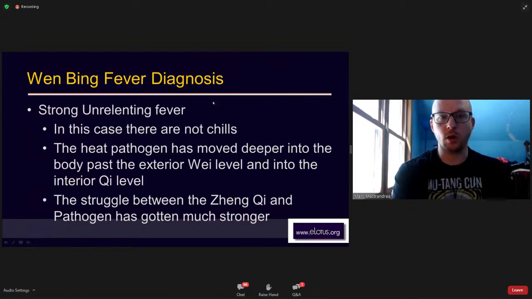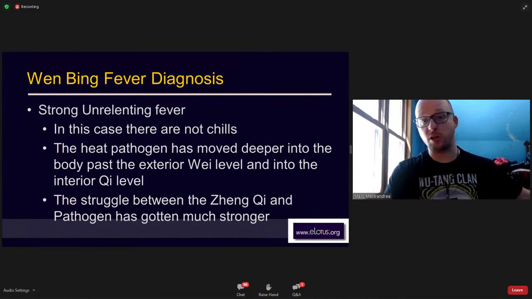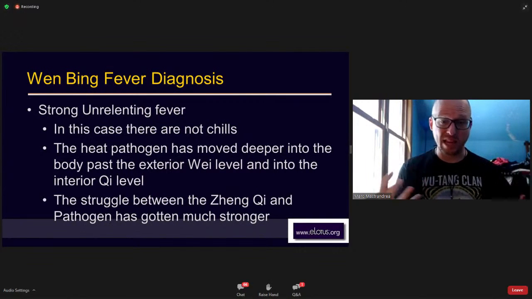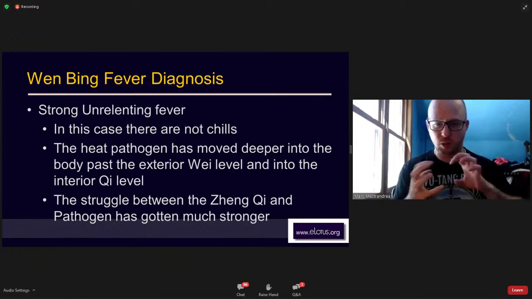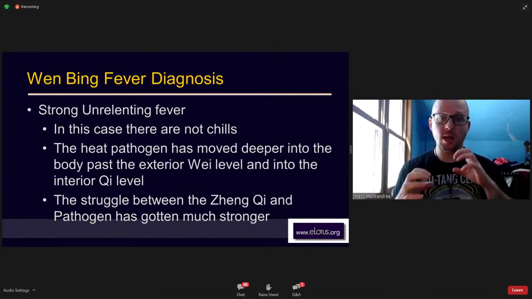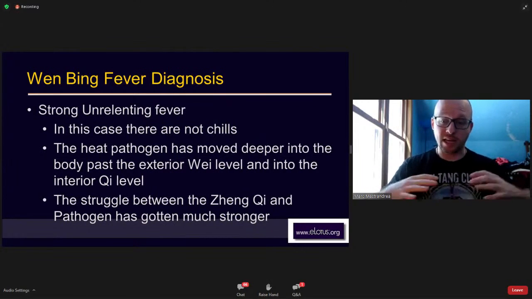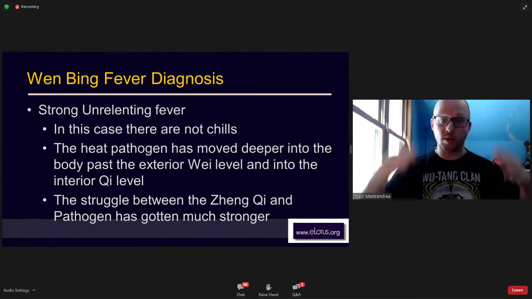All right, so an unrelenting fever, right? Something that's very strong, it doesn't let up. This is the idea that this pathogen has moved to the Qi level. We talked about this yesterday. The pathogen is now stuck, in this struggle, really strongly between the Zheng Qi and the pathogen, right? And the struggle has gotten stronger. This is the idea of Yang Ming really giving up its fluids to support Wei Qi.